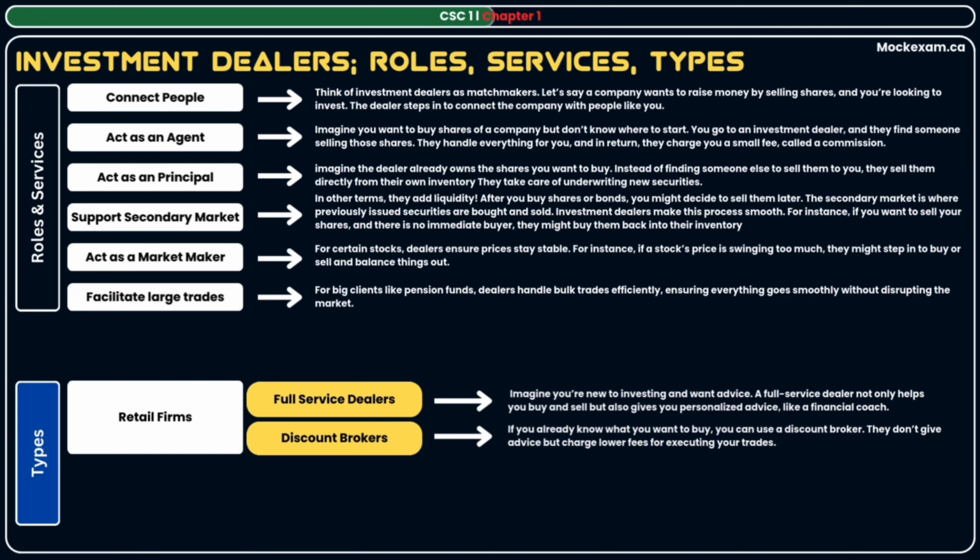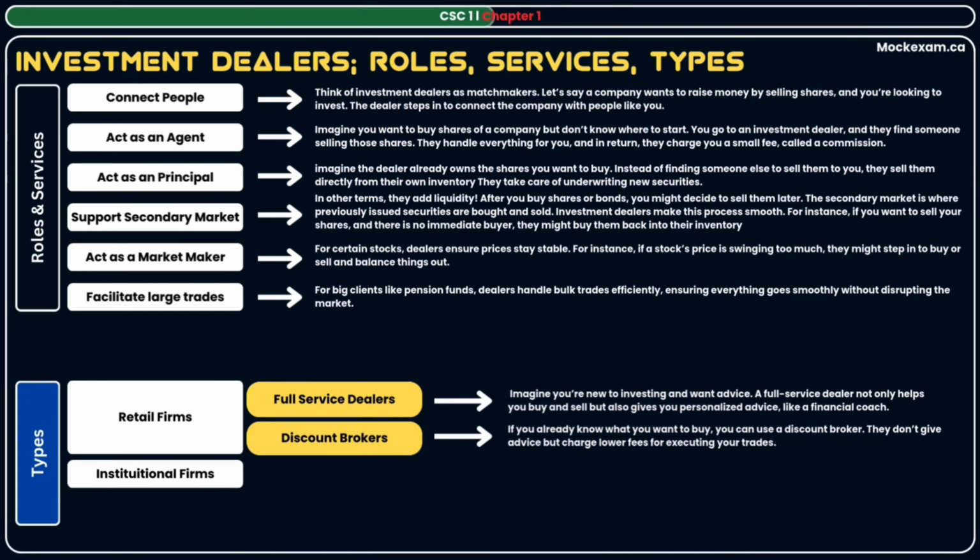They don't give advice, but charge lower fees for executing your trades. It's like using a self checkout at a grocery store, quick and effective, but no help available if you're confused. This was not a good analogy. I mean, there are some employees out there at the self checkout, but you get the point.